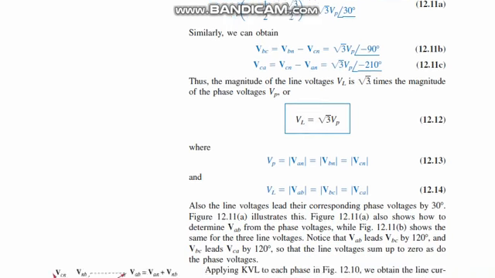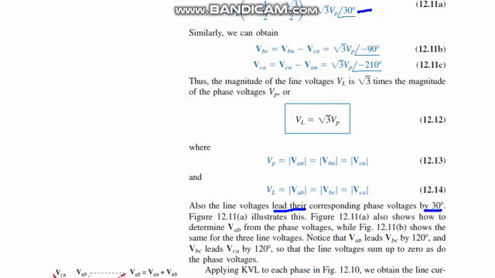And the interesting fact is that the line voltage leads its corresponding phase voltage by 30 degree. Here you can see 30 degree, minus 90 degree and minus 210 degree. It is a balanced YY connection. As we know, the difference between these is 120 degree. The three are 120 degree apart from each other, but they lead by 30 degree.